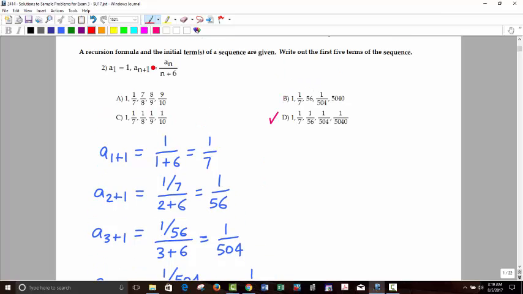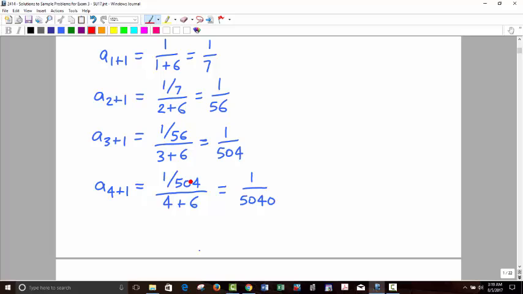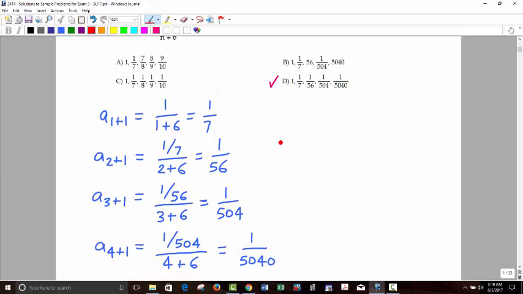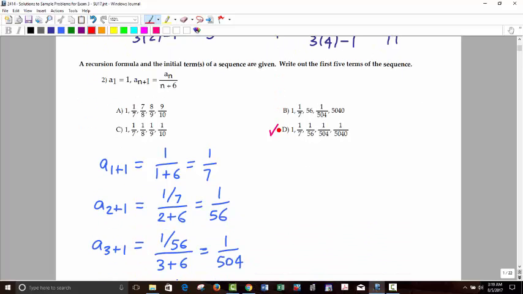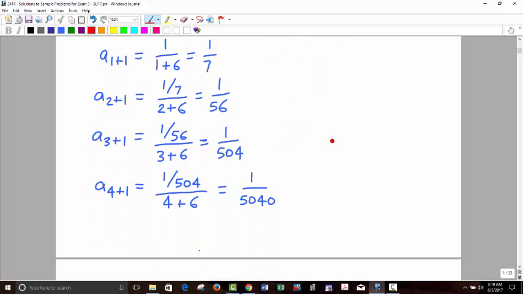And then a5 means n equals 4, so it's a4 over 4 plus 6, so it's 1 over 504 over 4 plus 6, which is 1 over 5040. And then answer D is the correct list of the first 5 terms of that recursive sequence.